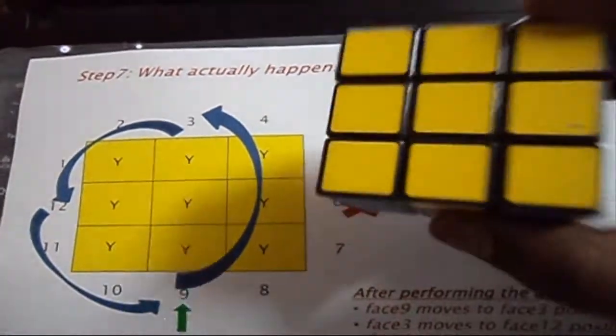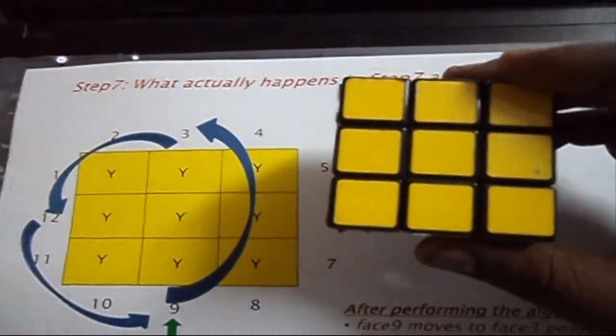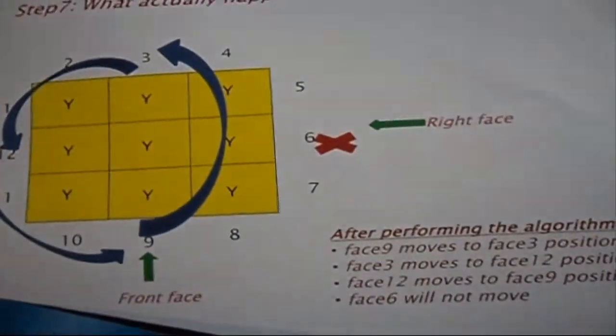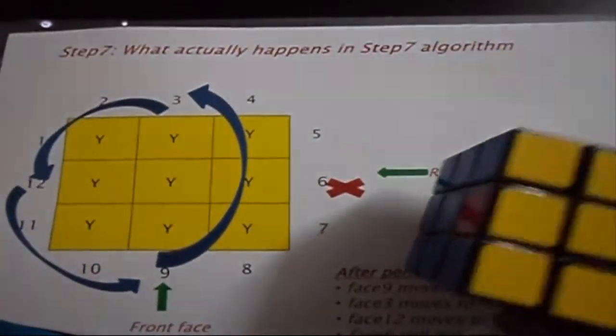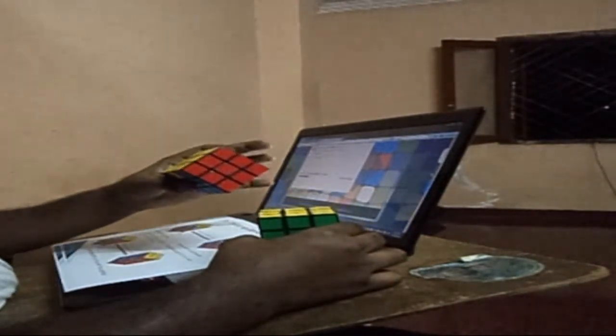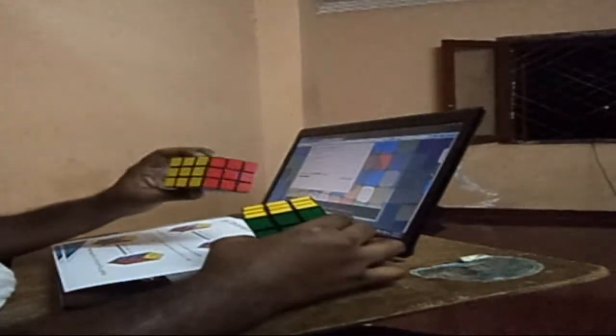So we need to perform the algorithm twice on this particular cube. We'll try to solve these 2 cubes by performing the algorithm. As I said, this is the cube on which we need to perform the algorithm once, and this is the cube on which we need to perform the same algorithm twice in order to get this cube solved.